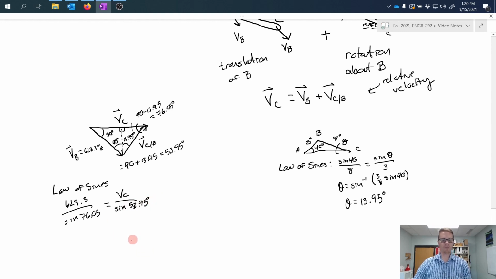Using that, I can solve for the magnitude of VC and say that it's equal to this expression.